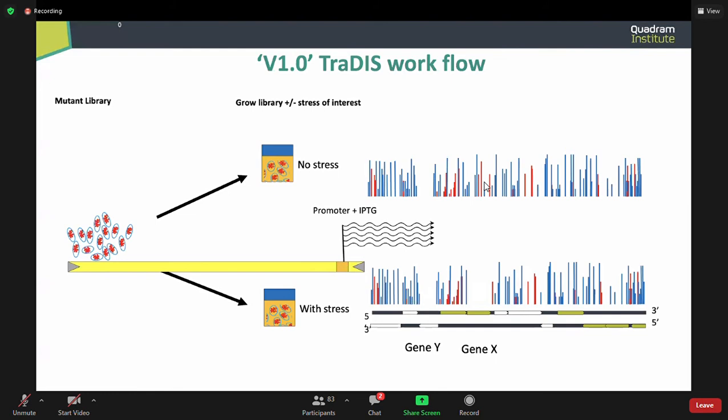Whatever we find, I won't say the targets, but the metabolic pathways that are important for that particular stress condition. If we want to interrupt that metabolic pathway, and we know that this is the target, this will stop the growth of the particular pathogen.